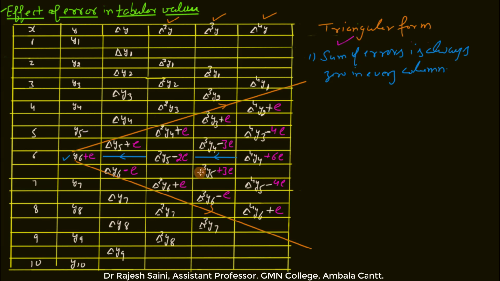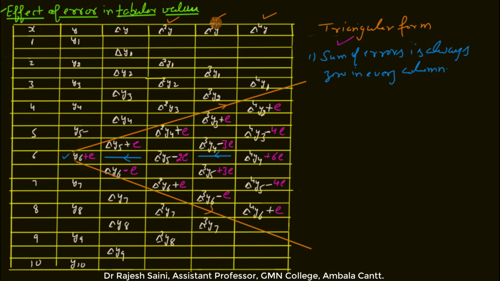Now the next observation is that if we try to estimate the value in which error is present with the help of the odd difference column, in that case minus 3 and plus 3 are both numerically equal, so in between them we will plot a horizontal line, between the numerically largest values, and we will see that the value having error is present on that horizontal line.